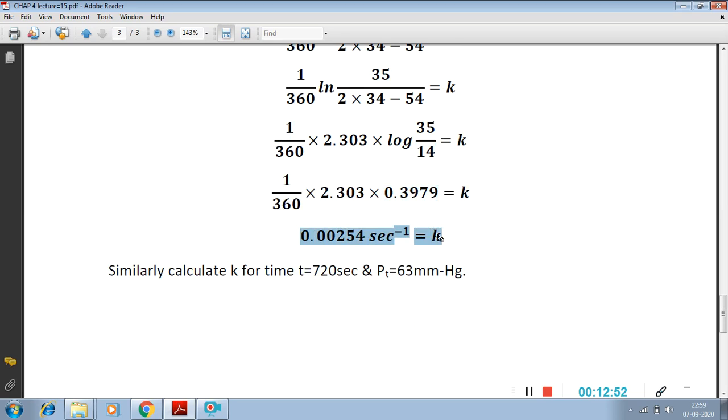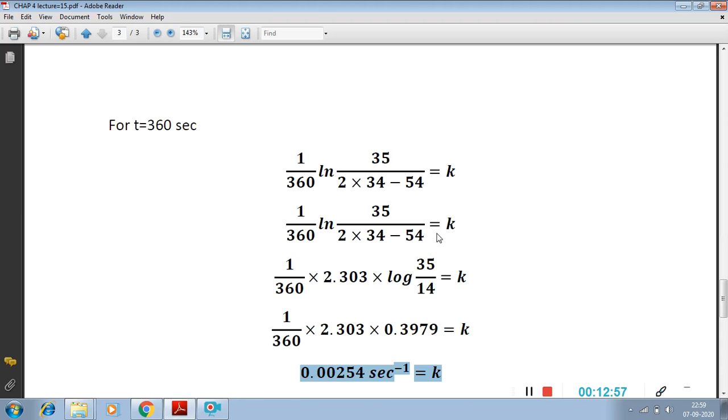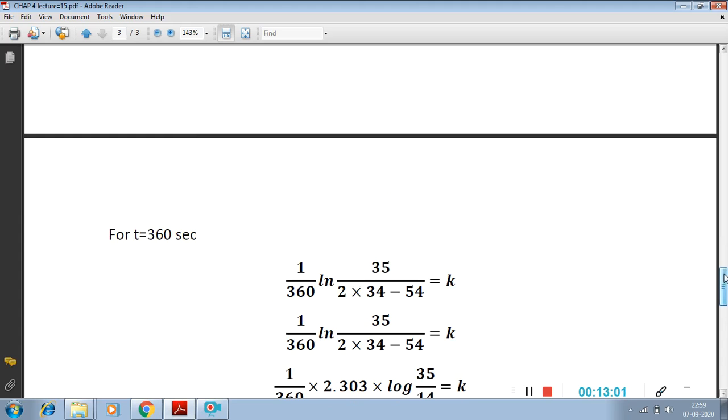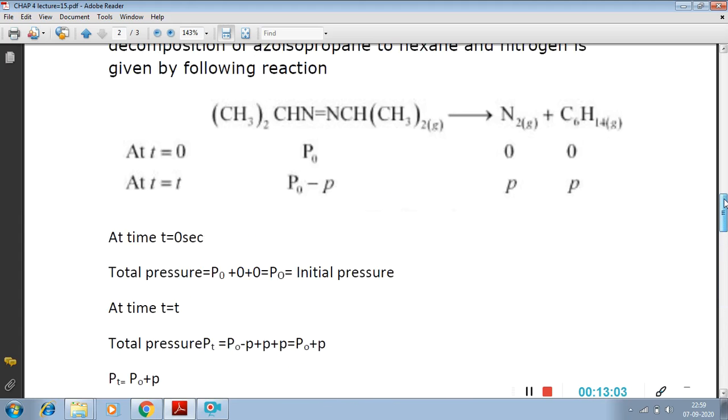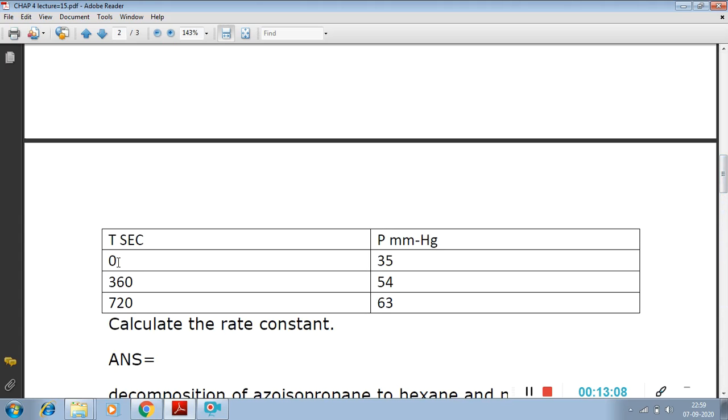Now similarly for time t is equal to 720 seconds, the value is given to you. For the time interval 0 to 720, you have to put 720 as time t.